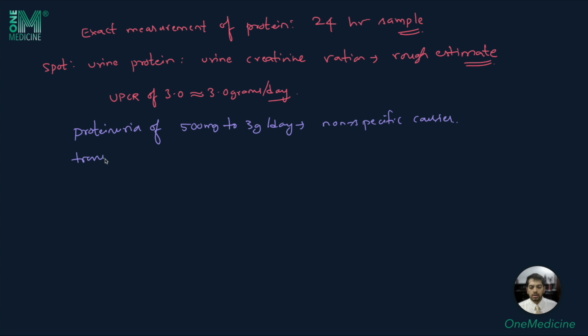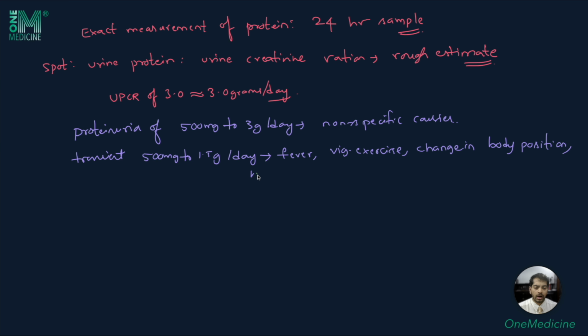A transient proteinuria of 500 milligrams to 1.5 grams per day is seen with fever, vigorous exercise, change in body position, or even in heart failure.